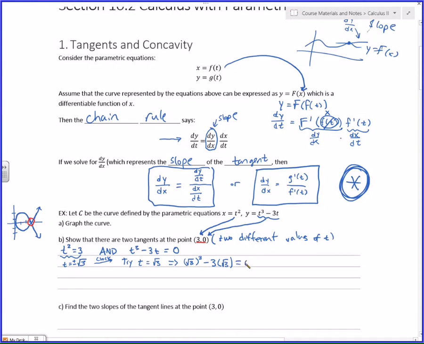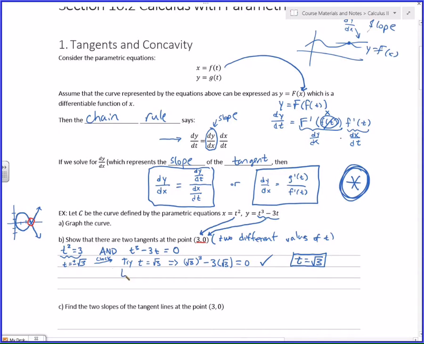That gives me 0 because square root of 3 cubed is square root of 3 times square root of 3 times square root of 3, which is 3 square roots of 3. And you subtract 3 square roots of 3, you get 0. Check. So t equals square root of 3 is one of those values. In other words, if I plug in square root of 3 into this parametric curve, that's the time at which it passes through that point.